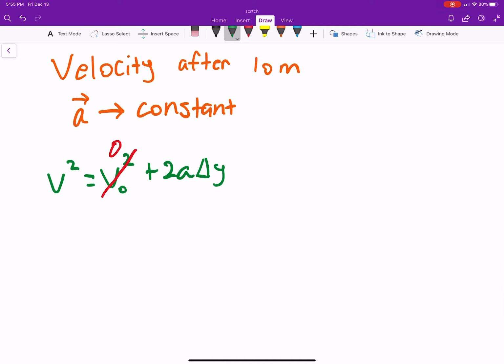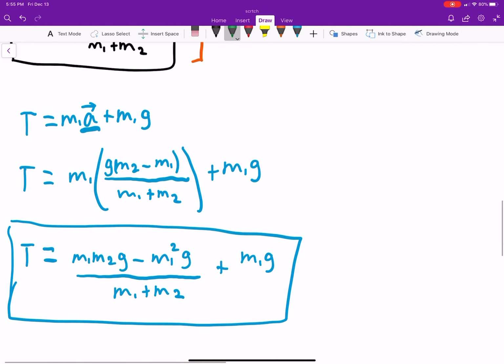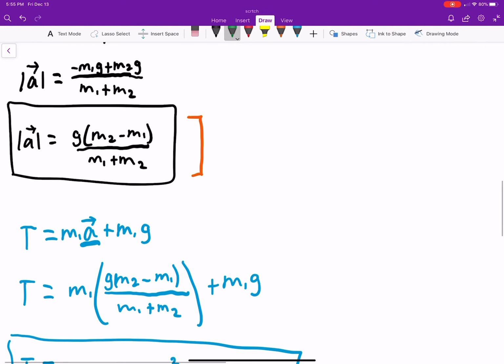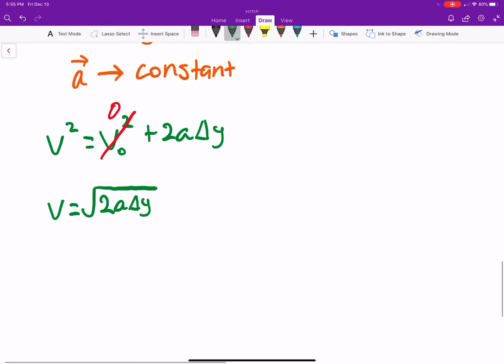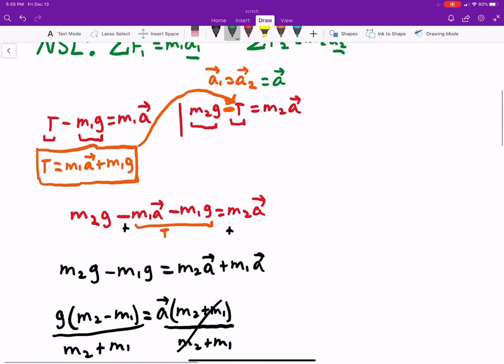And then we can say velocity is the square root of 2 times your acceleration times your delta y, where delta y is 10. Acceleration we just found, and again, a lot nicer to just get a value instead of putting this under the radical. And this is going to be the velocity of the block after 10 meters.